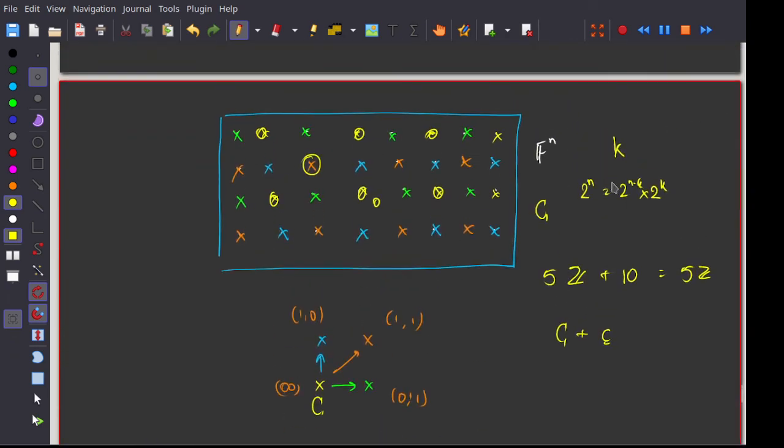So for example, here, what was the representative we used for the green points? It was this particular vector, 0, 1. In principle, I could have also chosen 0, 3, whatever. That would also give me a coset representative, but I want a coset representative which is nearest to 0.